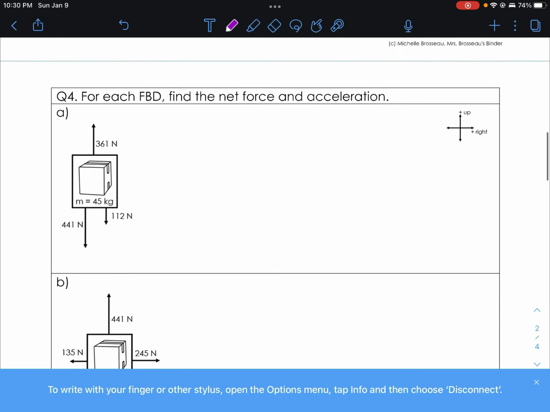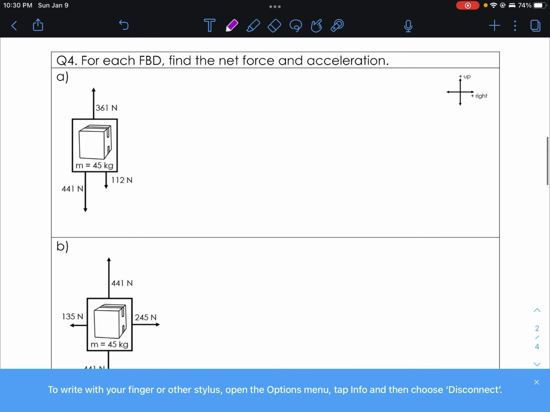Question 4. For each free body diagram, find the net force and the acceleration. So we've got our net force. Looks like we're noting positive is up and right.